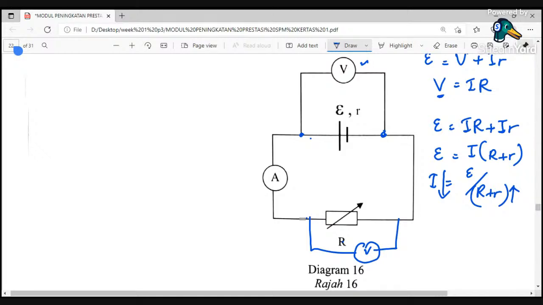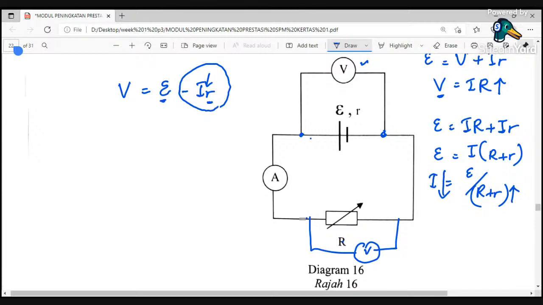So when resistance increase from here, reading of voltmeter is EMF minus I small r. This one is constant, small r constant. Now when current decrease, this factor we call voltage loss due to internal resistance.